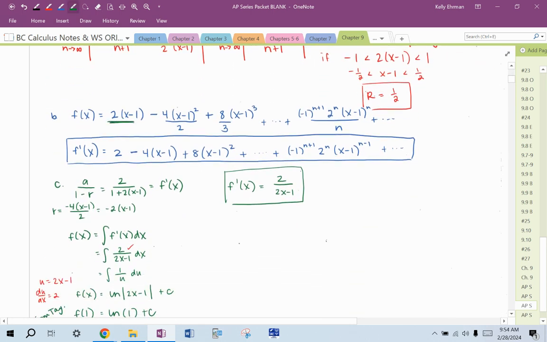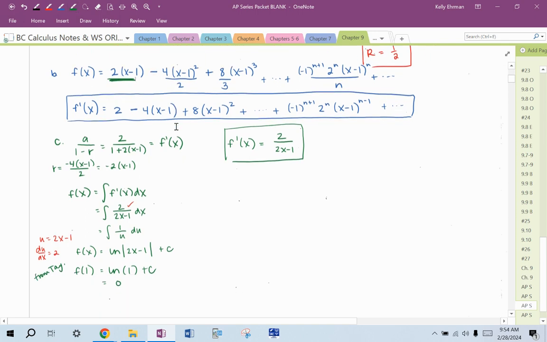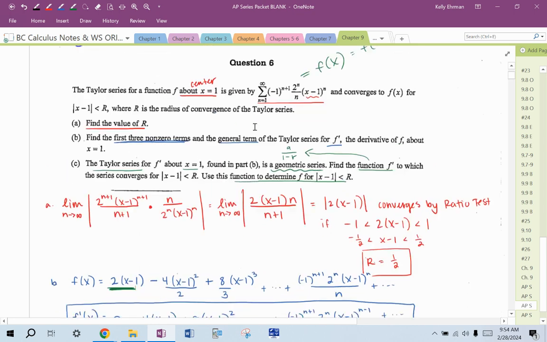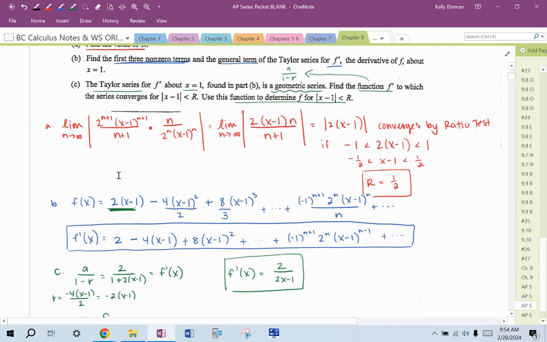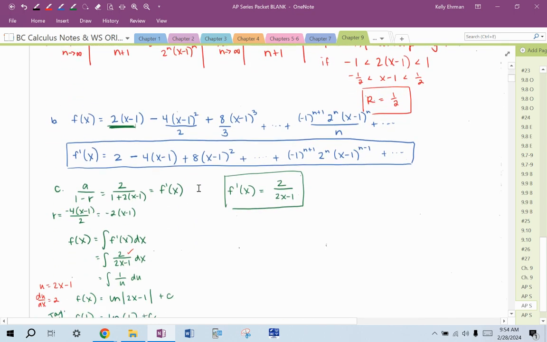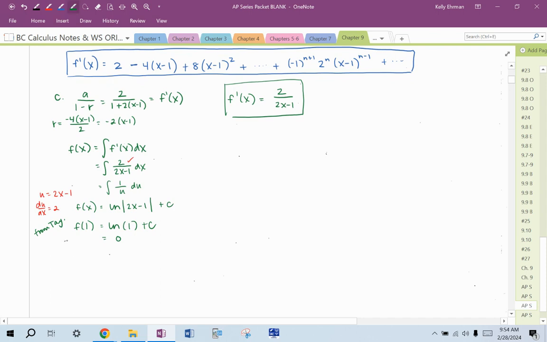Somewhere I generated what this term was. What is f of 1? Well, when we plugged that in, we got 2 times x minus 1, and x minus 1 is 1 minus 1, which is 0. So c comes out to be 0. c is pretty often 0 in this case.